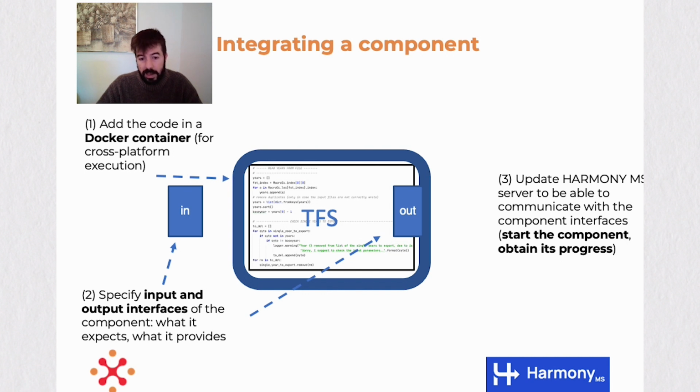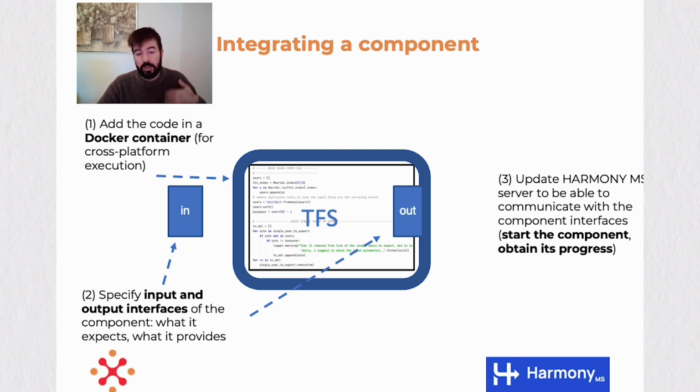The third step is the actual integration process. This has several sub-steps that I will not go into, but essentially we need to update some small pieces of the Harmony MS code base on the server side to make sure that we are able to communicate with this component, and we are able to, for example, start the execution of this component and receive the results after the execution.